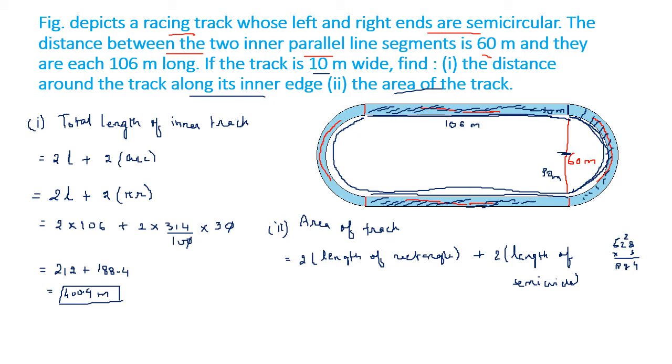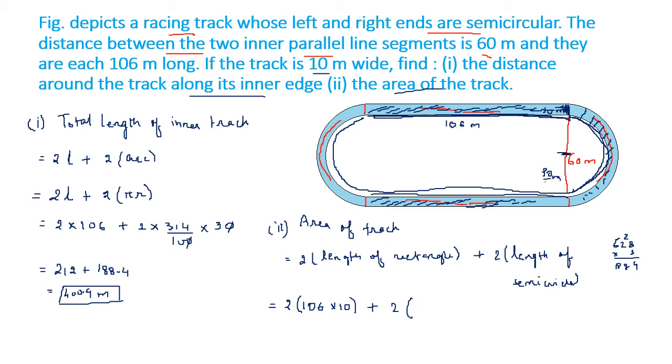Okay, so rectangle 2 times is 2. What is area of rectangle? Length into breadth. The length is 106, the breadth is 10, here 10. So 106 into 10 plus semicircle. Now semicircle is what?